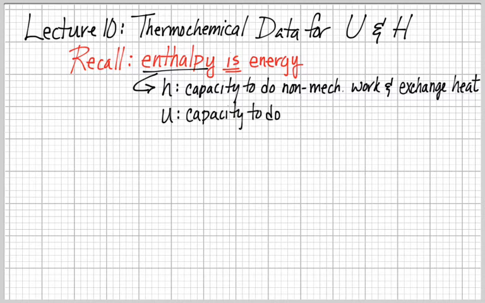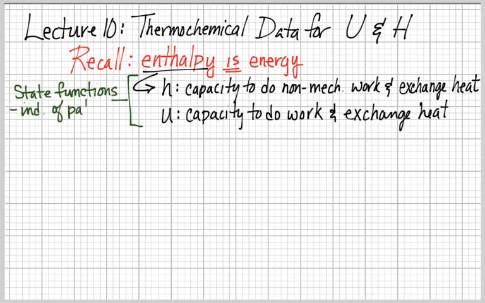Whereas we already have explored that the internal energy is the capacity to do work and exchange heat. So both are dealing with Q, exchange of heat, but H really classifies the capacity to do non-mechanical work as well. And we're going to explore that later in this lecture as well.